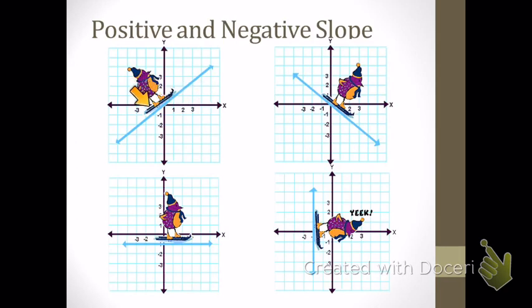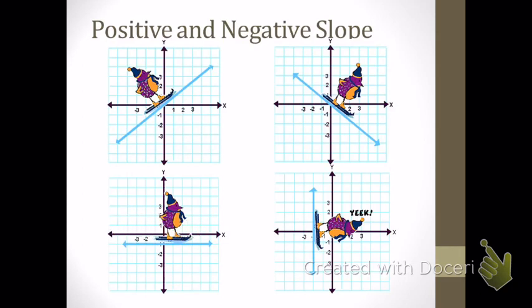If this is a hill, the only way you can know if it's going uphill depends on which direction you're facing. If I was traveling this way, I would be going downhill. But since I'm facing this direction, and that's our convention, this penguin's going uphill. Whereas if this line drops from left to right, we're going to call that a downhill slope. And down here, it doesn't rise or fall, so we're going to call this a flat slope.